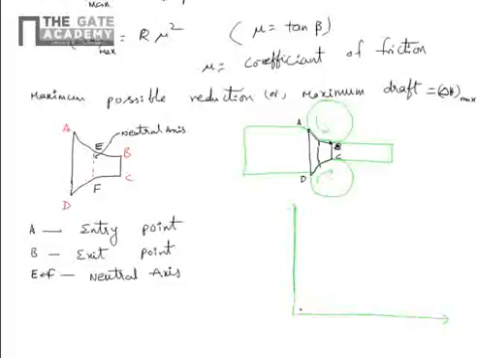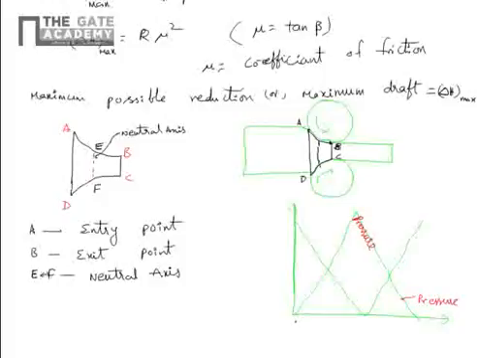If you draw the diagram, relative velocity is maximum, and this one is pressure. This line is the pressure developed between the roller and sheet.